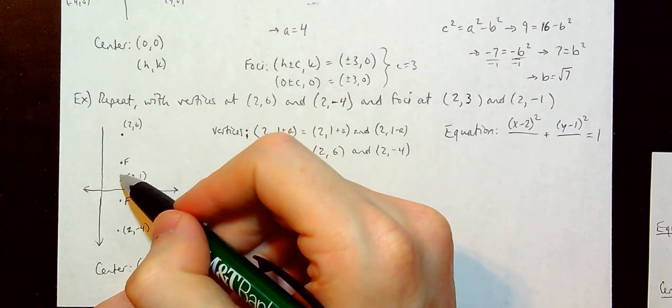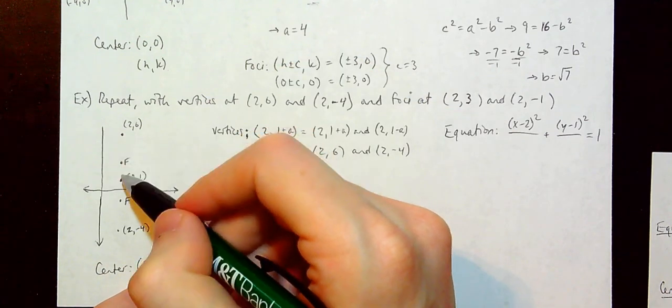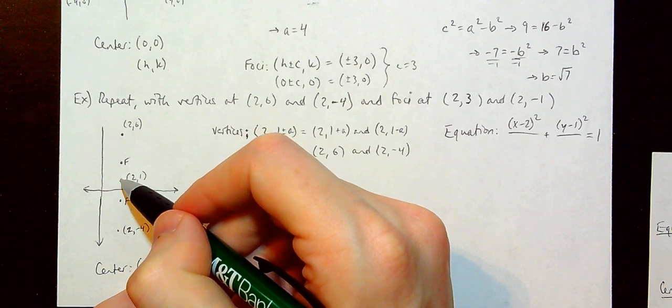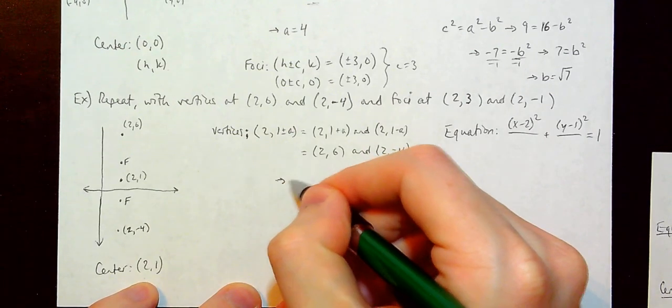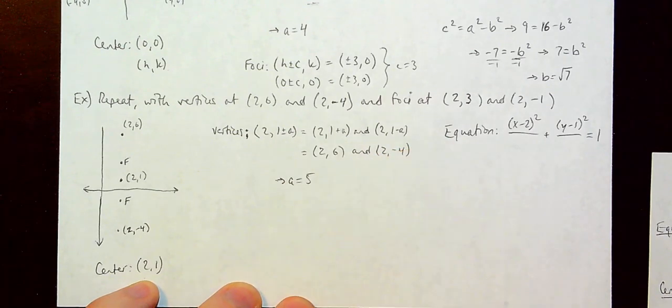And if you think of it that way, just the straight line distance from here to here or from here to here, that's pretty nice to figure out. You're going to find that a is equal to 5.